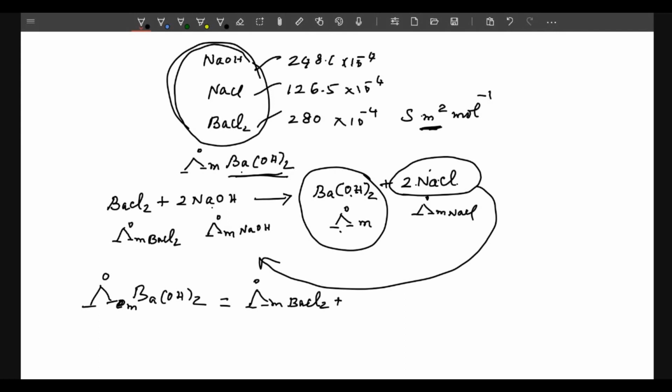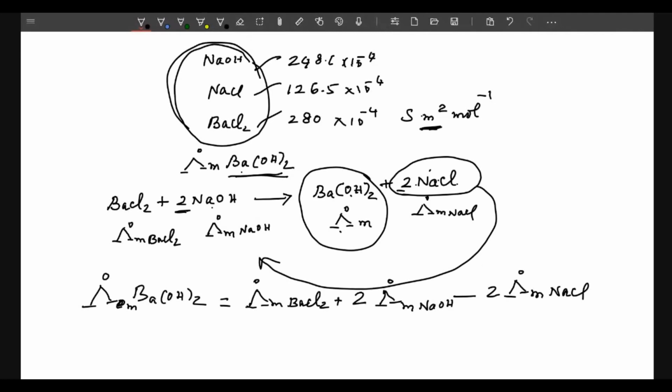Here the stoichiometry is present, so you should multiply with that stoichiometry. Here 2 sodium hydroxide, therefore 2 into lambda naught M of sodium hydroxide, minus stoichiometry 2, 2 into lambda naught M of sodium chloride. This is the equation you obtain, and substitute the values. You can easily calculate this one.